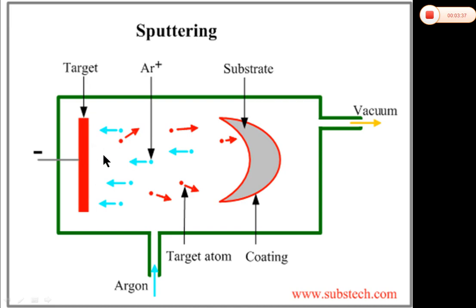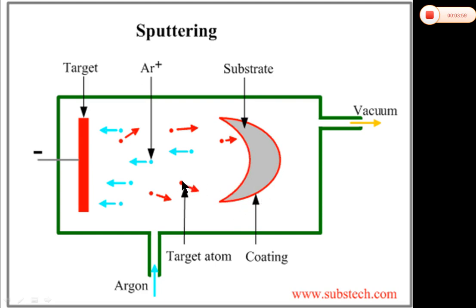This target will eject electrons, and this will eject atoms. Those atoms will be ejected toward the substrate. There they will be coated, as I have shown you in this red color line.